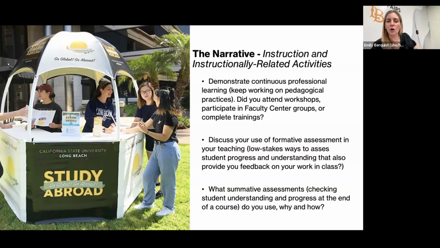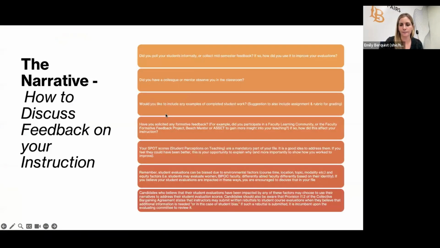And then again, you'll also want to talk about your summative assessments. Summative assessments are essentially the bigger assignments that check student progress and understanding at the end of a course. So for example, in my field of history, that might be a comprehensive final exam or a large research paper, right? So those are different ways you can talk about what you're doing in the classroom.